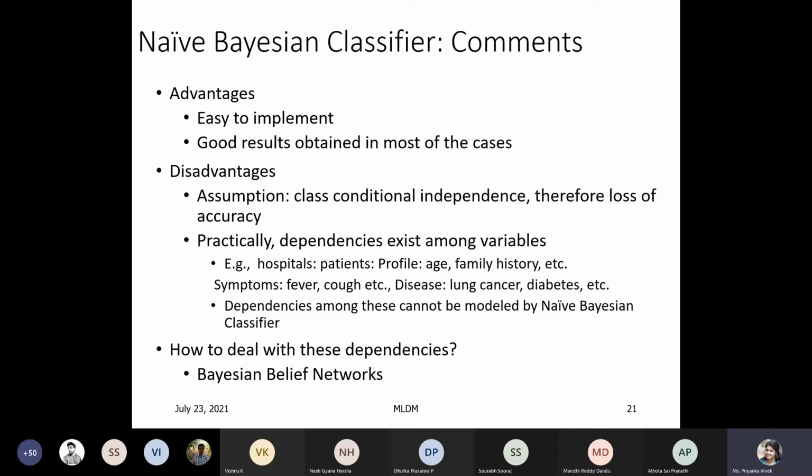One strong disadvantage is that we are assuming that, given the class, the attributes are independent of each other, but actually this may not be the case. There may be dependencies between the attributes.